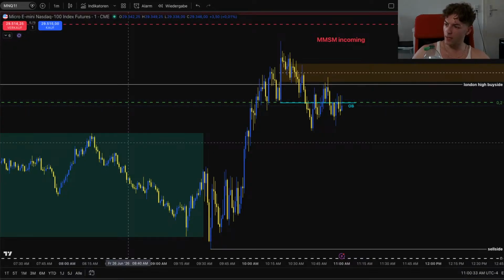Let's just have a quick look at the Forex Factory economic calendar and see whether we have good news next week. So next Monday we have no news, perfect. Tuesday, medium impact news day.